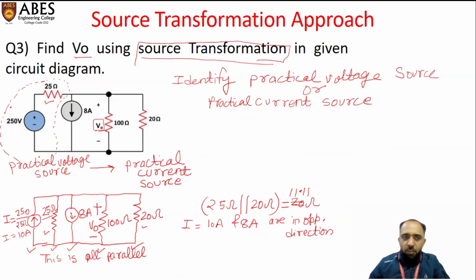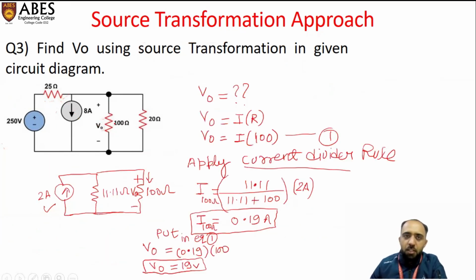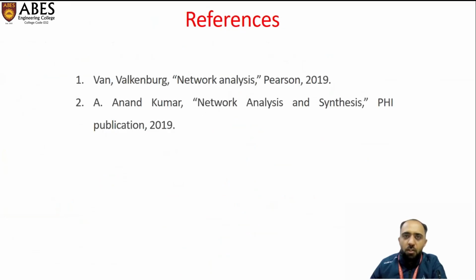Just like we did, we find the practical voltage source in this circuit and convert it into all parallel or all series as per your observation. You do not need to change the branch where we need to find out the voltage or current. So this is the basic concept in the source transformation approach.